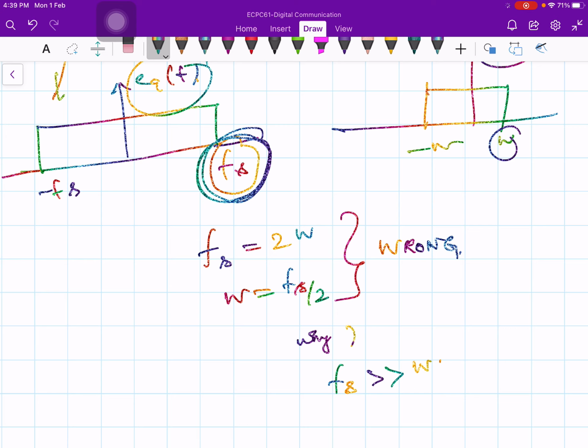See, this is, by the way, Nyquist rate. But in delta modulation, our sampling rate is much higher than the Nyquist rate. So there is nothing like Fs by 2, wrong.